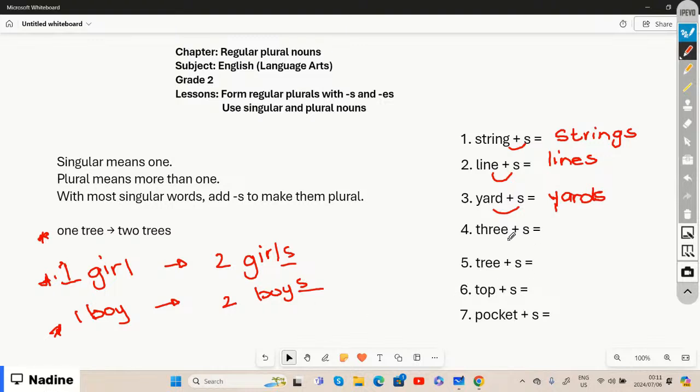Look at the word three, like the number three. One three, more than one three. So 3 plus s. What is the word if we were to add an s to the word 3, the plural of 3? If we have one 3, then there are more than one. So here we have one 3, but now we have more.